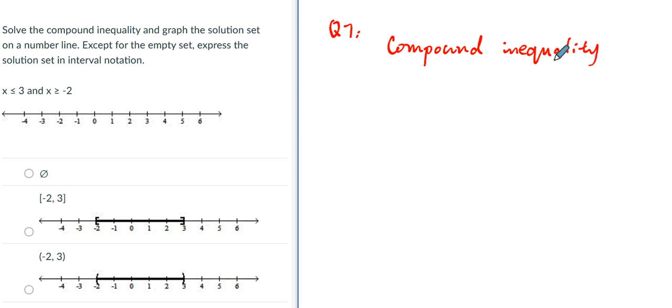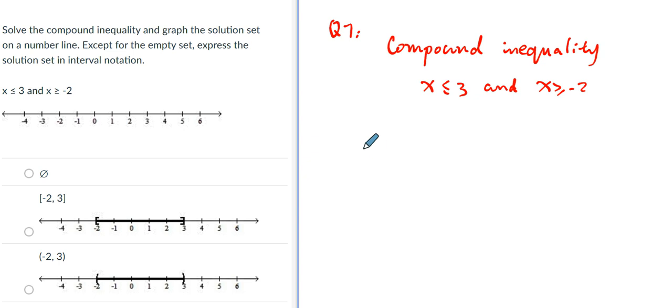It means it's one or more. Okay. So here we want to do x less than or equal to 3 and x is greater than or equal to -2.